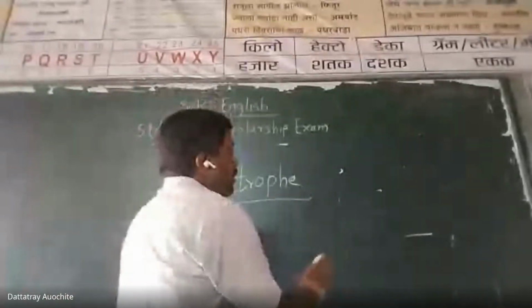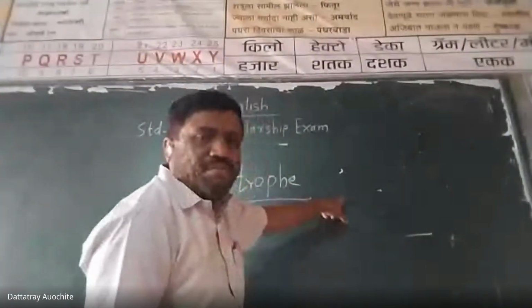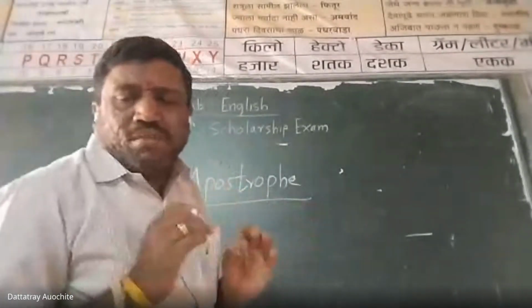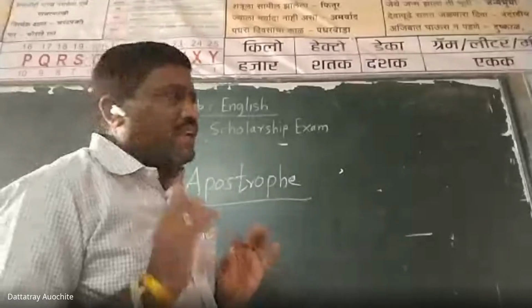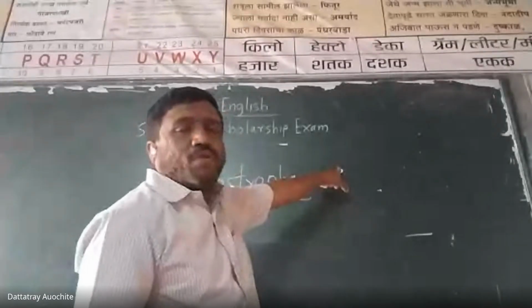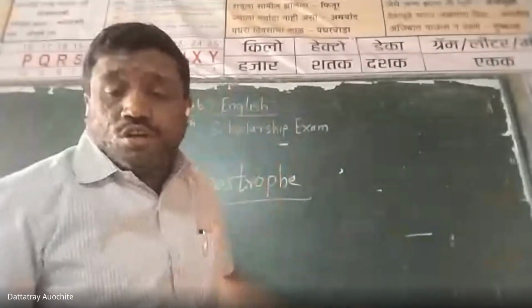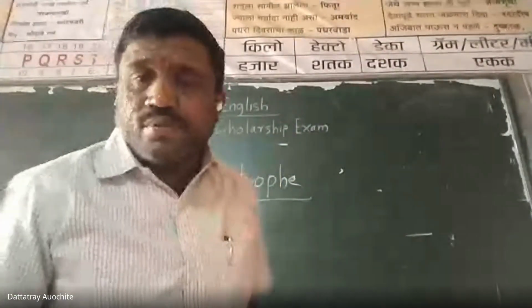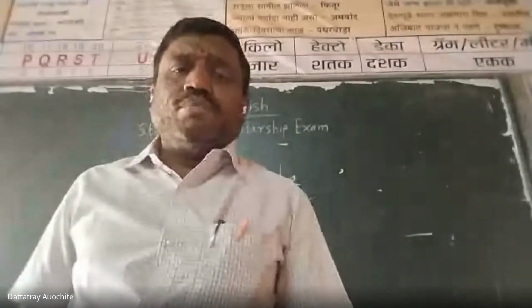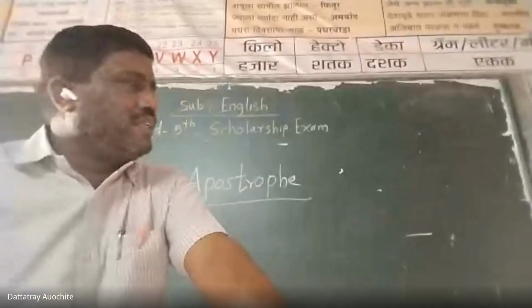It is a little bit like a comma, but a comma is added at the bottom and an apostrophe is added at the upper side. So apostrophe is not totally like a comma, but we see some similarities.